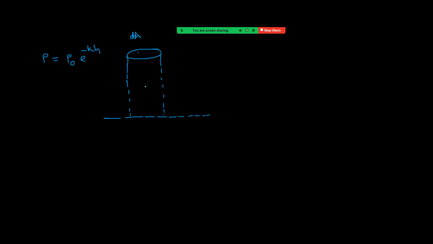So again here we have to calculate the weight of the air present in this cylinder. That weight by this area gives us pressure. By definition, pressure equals normal force per unit area. So here normal force is nothing but the weight of the air, which is vertically downwards.